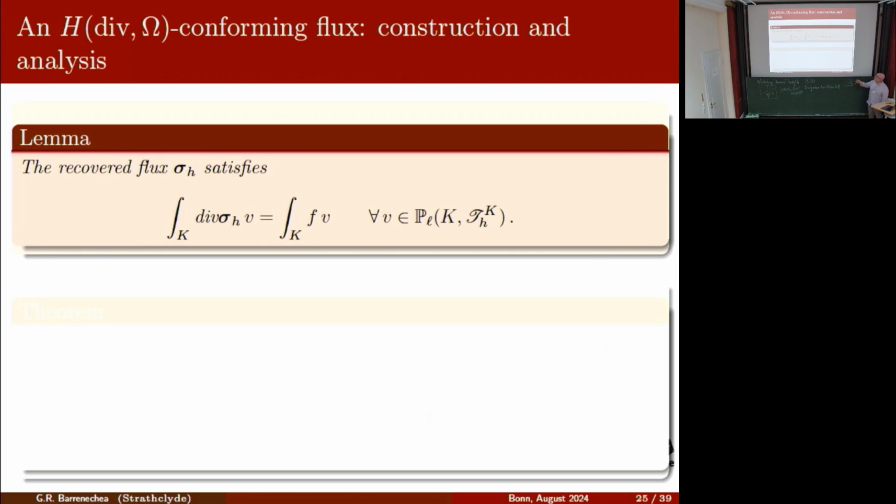We can actually prove that thanks to the fact that the new flux is H(div) conforming, I have this conservation inside each one of the elements. So what this is telling me is that the divergence of sigma_h minus the divergence of A grad u is orthogonal to the space of polynomials of degree L in the submesh.